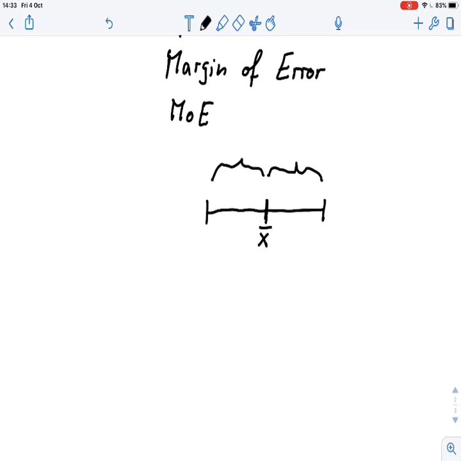Yes, it is. This difference here is the MOE. So you have the margin of error to the left and to the right of the sample mean. And together, this gives you the CI. Okay, make sense?